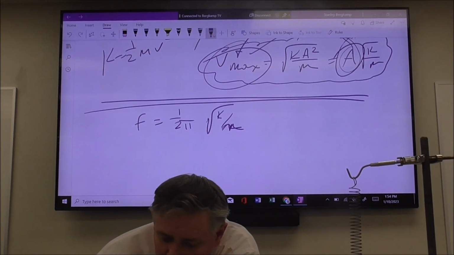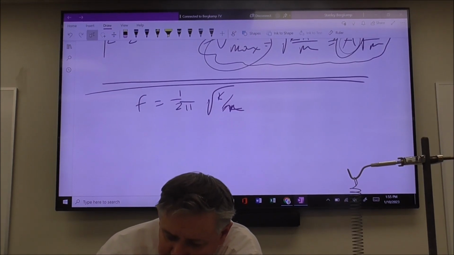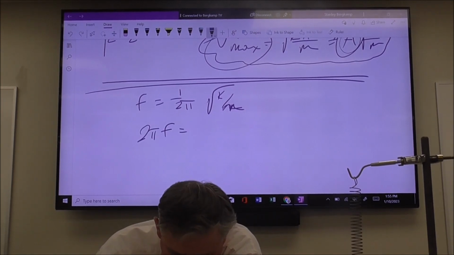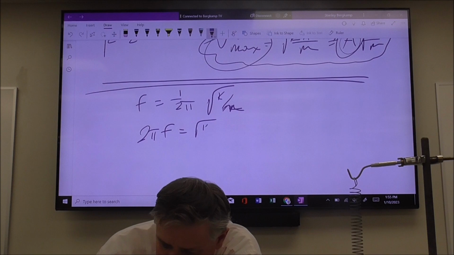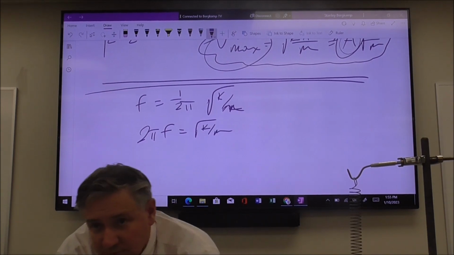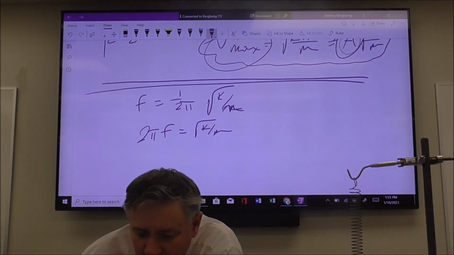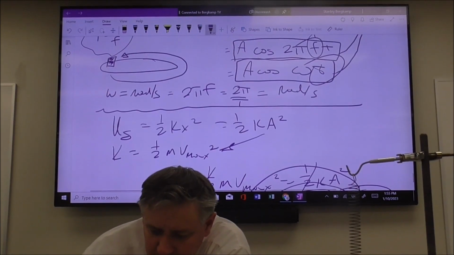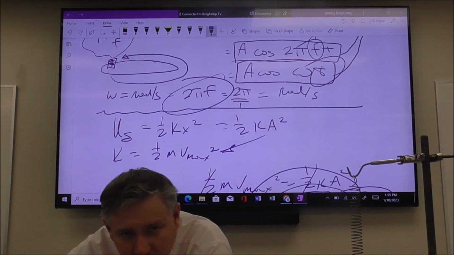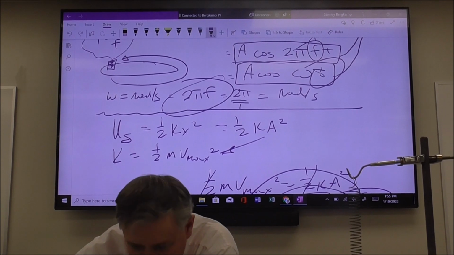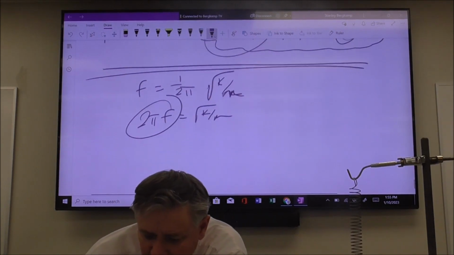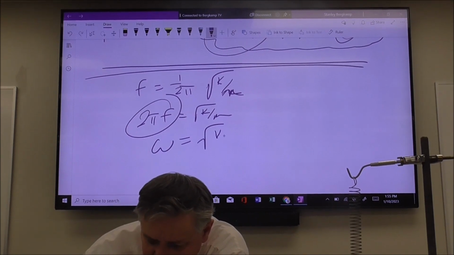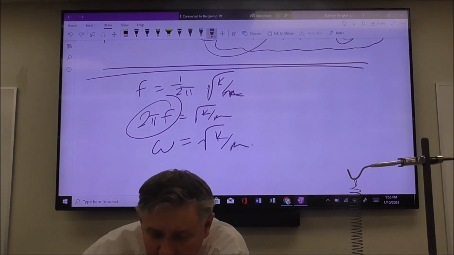Now I want to multiply this by 2 pi, so I get 2 pi f equals the square root of k over m. What did we say 2 pi f equaled? Omega. So could I write this as omega equaling the square root of k over m?